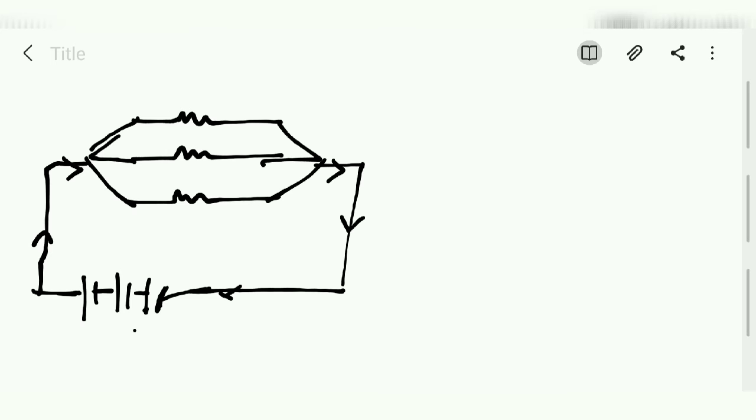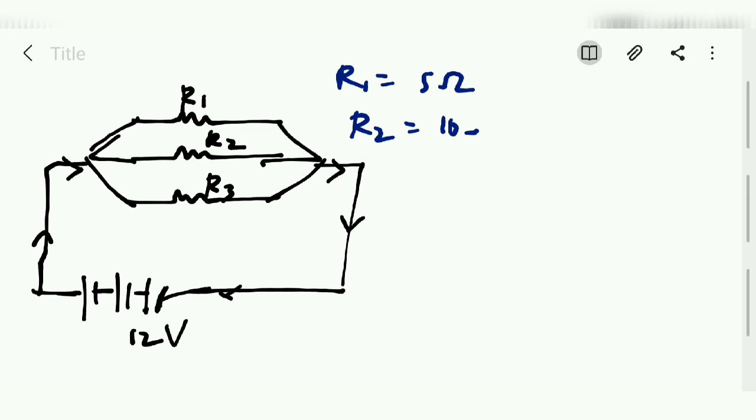Suppose the battery is 12 volts, and I'll name the resistors R1, R2, R3. Suppose R1 is 5 ohms, R2 is 10 ohms and R3 is 30 ohms.